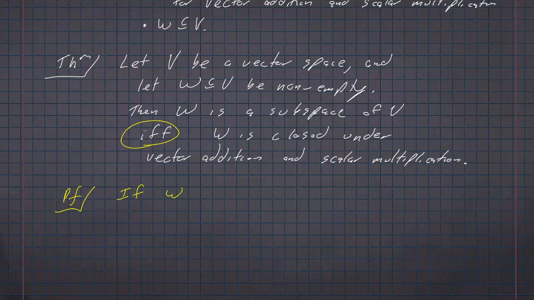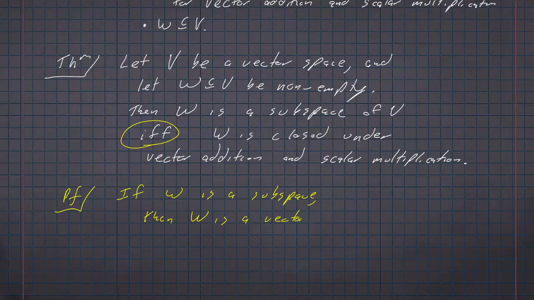If W is a subspace, well, the definition of a subspace says that W must be a vector space. And vector spaces are, of course, closed. That's the properties of vector spaces, so we don't have to show that again.